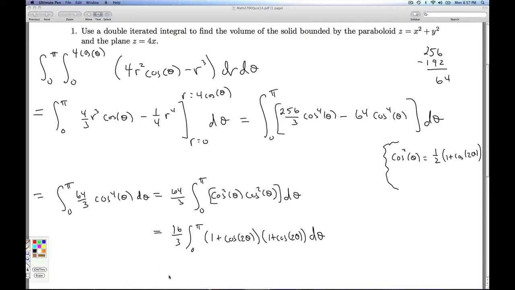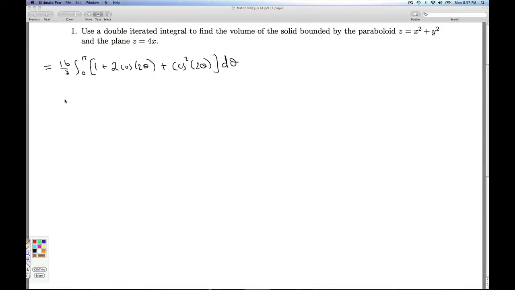Now I've got to multiply this out. I get 16 thirds, integral 0 to pi. What am I going to get out of this? I'm going to get 1 plus 2 cosine 2 theta plus cosine squared 2 theta d theta. Alright, so here's that integral.